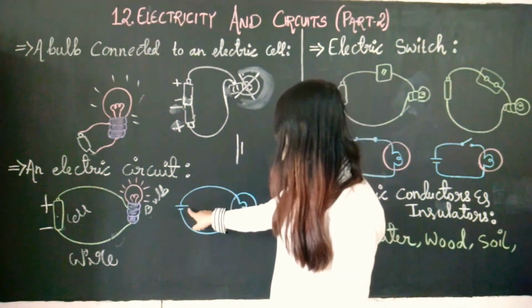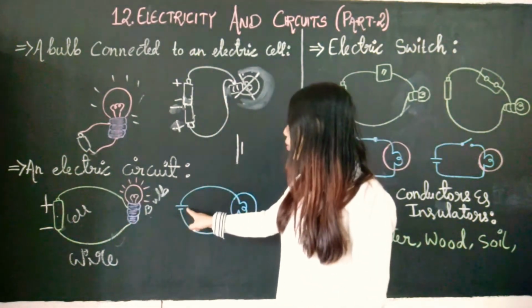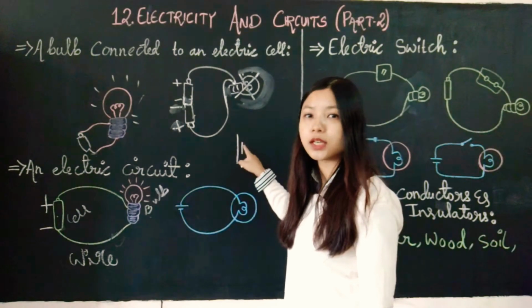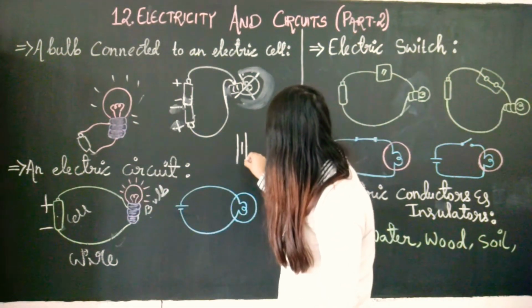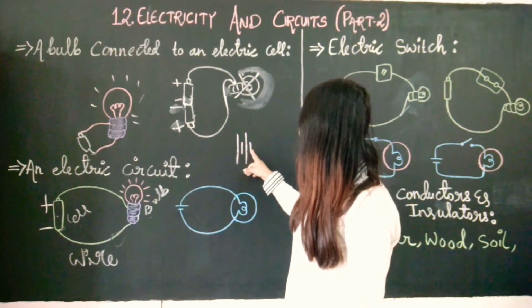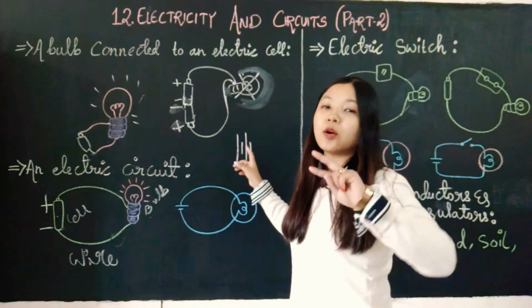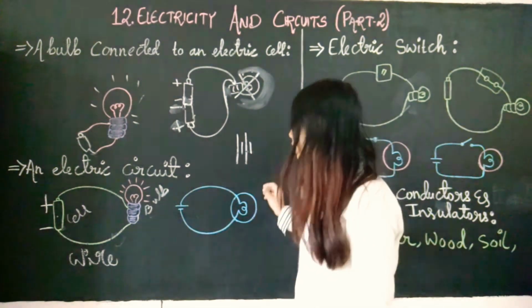So we will put it like this. As we are using only one cell here, I have drawn only two lines, positive and negative. If I use two cells, I will add one more, positive, negative. Here also you see positive, negative, positive, negative, so opposite charges are nearby to each other.